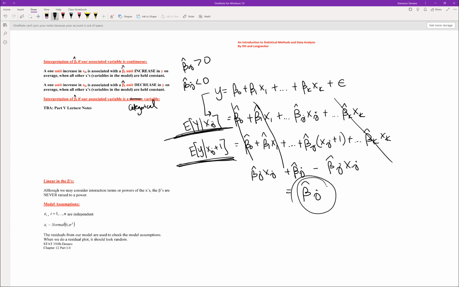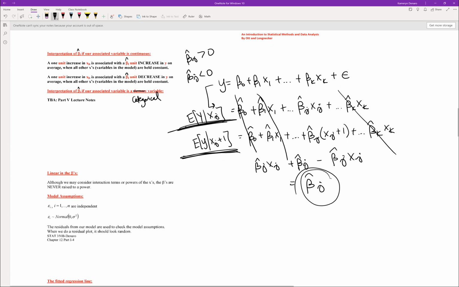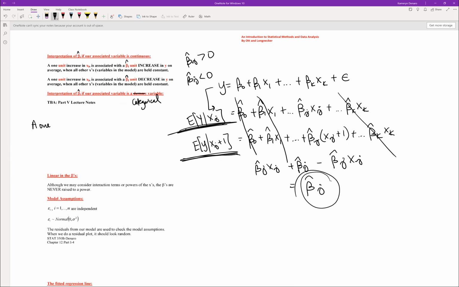So let's think about if we were talking about BMI, body mass index, and some measure of lung function, say forced expiratory volume for our y. So we're going to say a 1 unit increase, okay? For BMI, we should think about what BMI is measured in, and you should fill in that measurement for BMI.